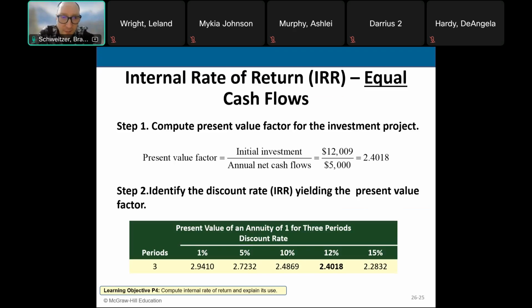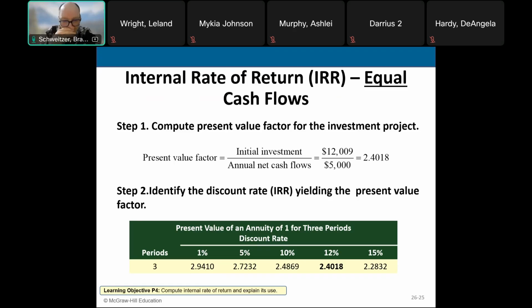We then take that and we look at our annuity chart. And I'm looking for the 2.4018. And I find it to be 12% for a time period of 3 years. So that means that my internal rate of return is going to be 12%.